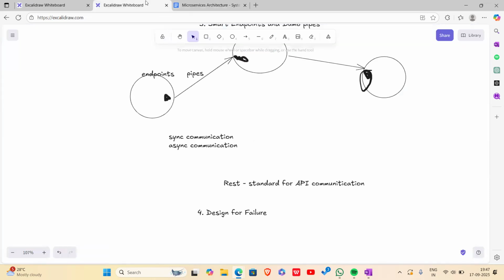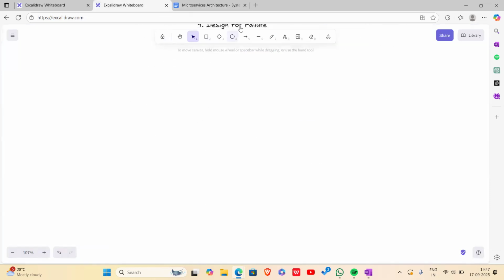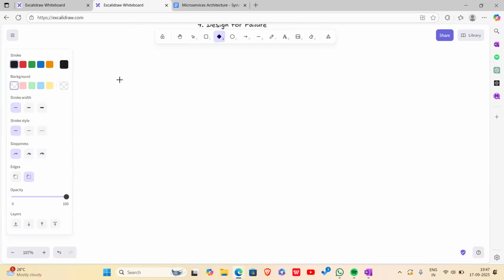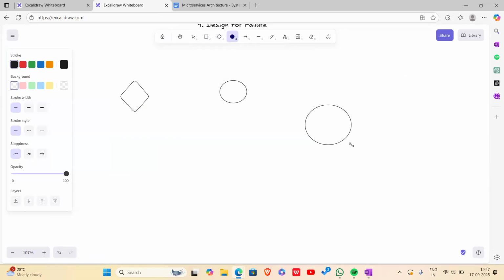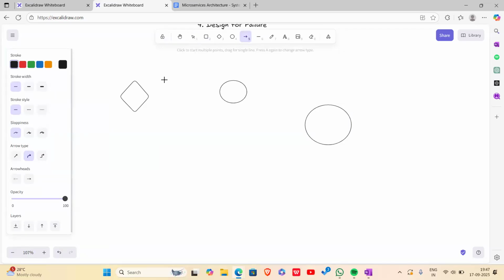So what they are saying is we have to always design for failure. From the client side, a request comes to our controller layer, and from the controller layer to our service.